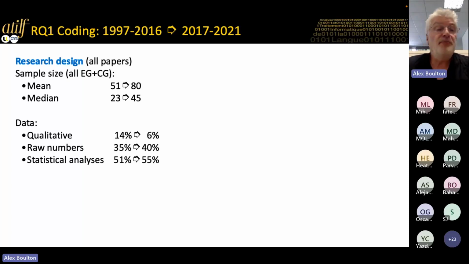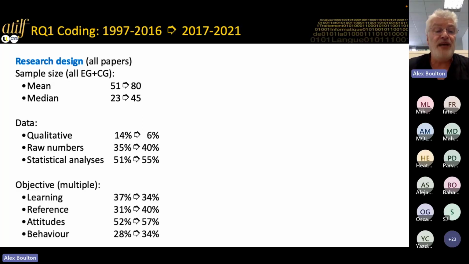Now the size of the group depends on whether you can do statistical analyses, and the type of data analysis you do depends on your objectives. If you're interested in outcomes, then you're looking at corpora as a learning aid or reference resource, the first 2 there. But you might be interested in more emic issues of what students do or what students think, taking into account their positions there. So not huge changes.